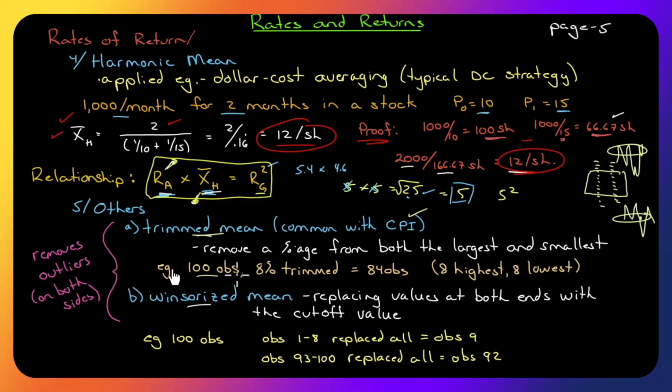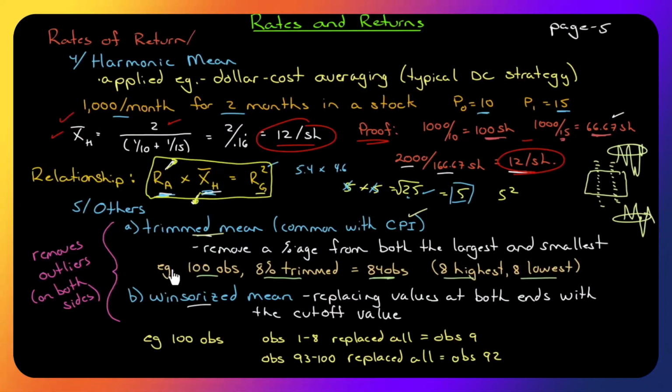So let's say that we had 100 observations and we're going to calculate an 8% trimmed mean. That means 8% from both sides. We take the 8 highest observations and the 8 lowest observations and get rid of them, which means we're looking at 84 observations at that point. That is not a 16% trimmed mean, that is an 8% trimmed mean because we're trimming 8% from both sides, the 8 highest and the 8 lowest.